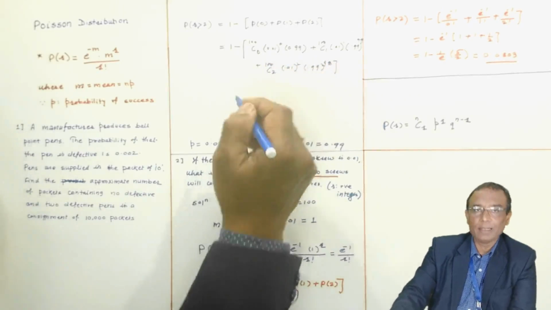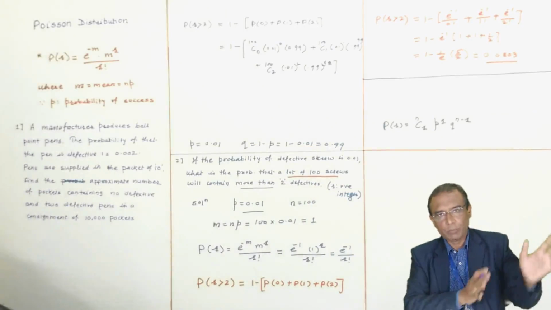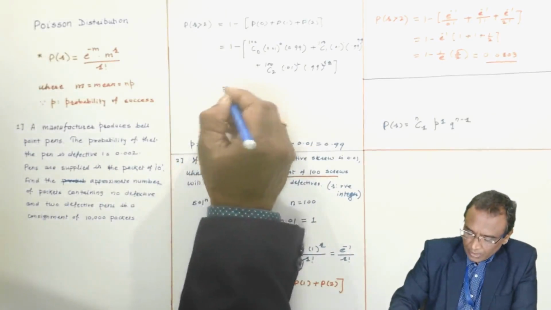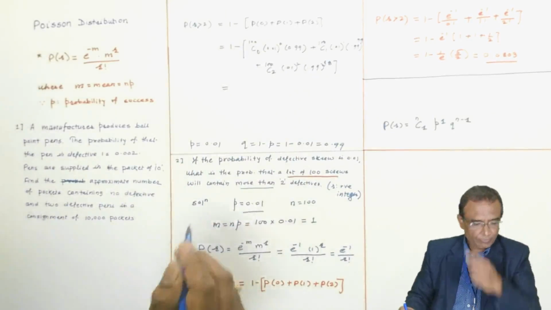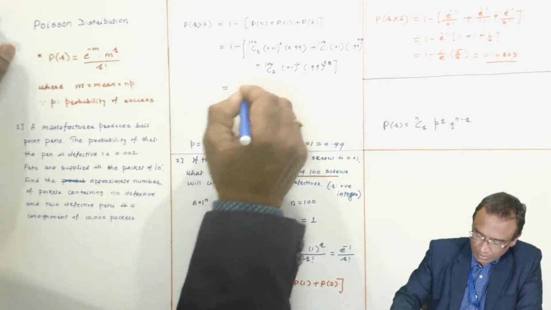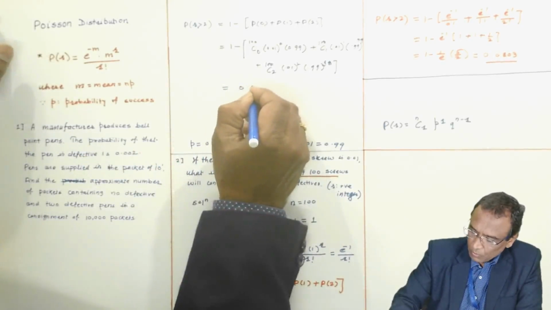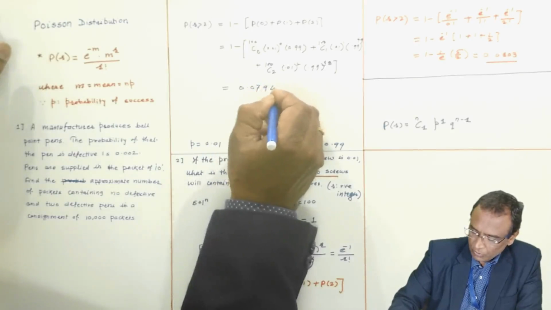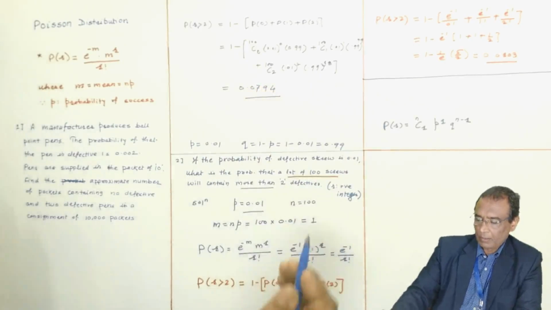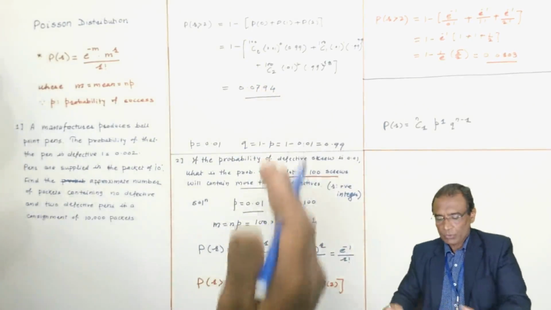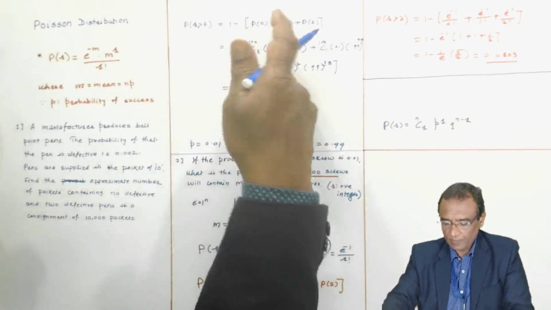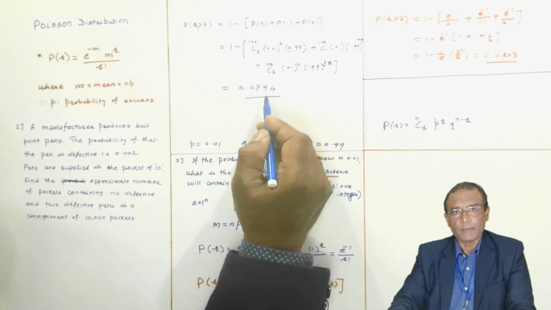Directly written here, because we have already discussed this in binomial distribution. If you calculate it, I have calculated here, it is 0.0794. The same problem solved by binomial distribution gives this probability.